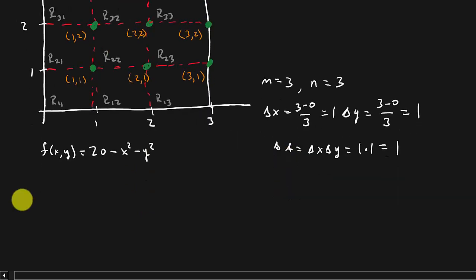All right, so I've got the volume is equal to, so there's my delta A times, and then I'm going to sum up the heights.